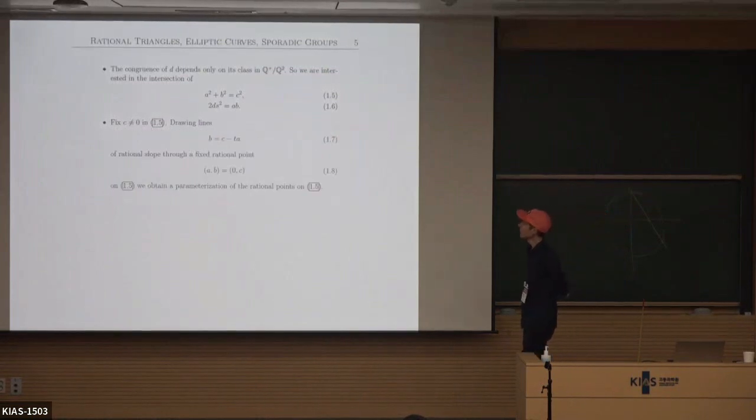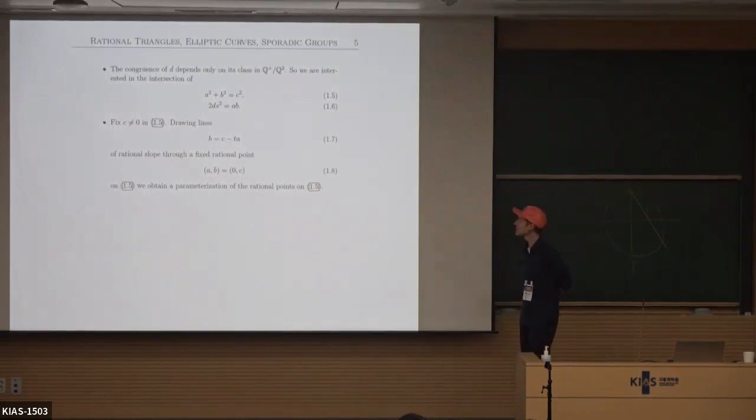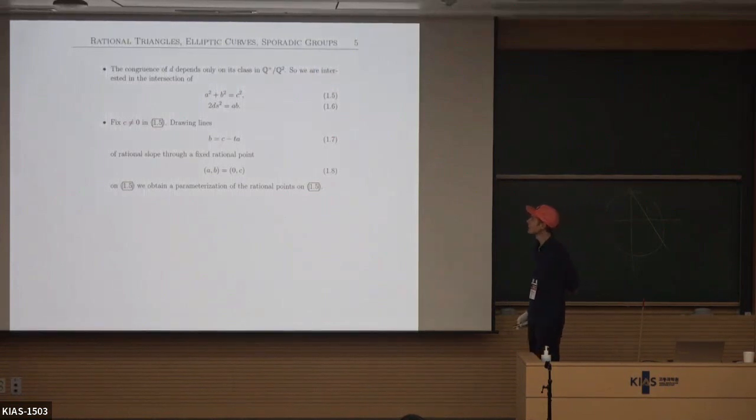So that motivates, so now we do the algebra. So our lines are b equals c minus t times a, for fixed c and fixed t, thinking of b as a function of a. Okay, so that's the line through the point (0, c).